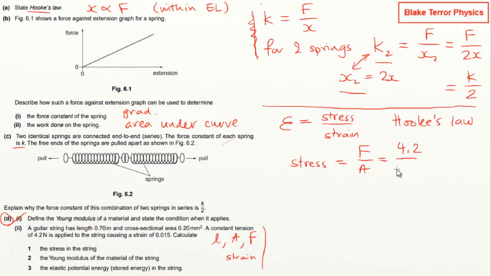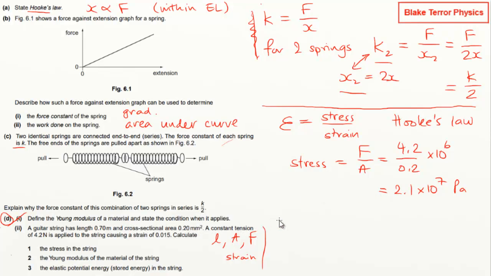A is 0.2 millimeters squared, so that means times 10 to the 6 when we put it into meters, when we're dividing by that area. So that is going to be 2.1 multiplied by 10 to the 7 pascals for our stress.